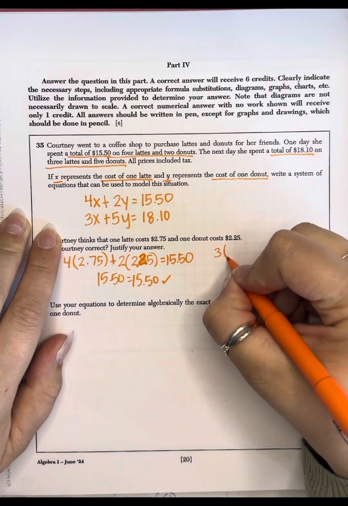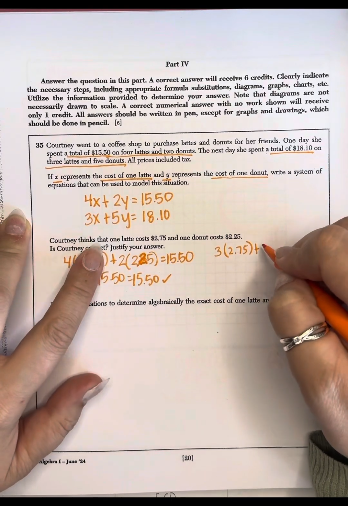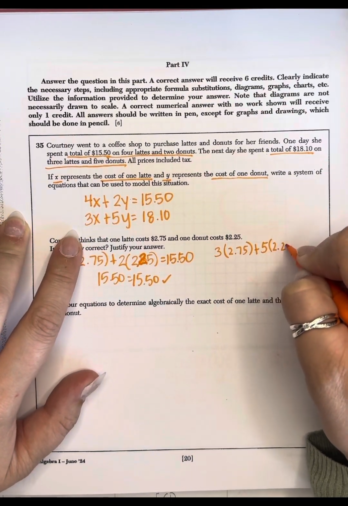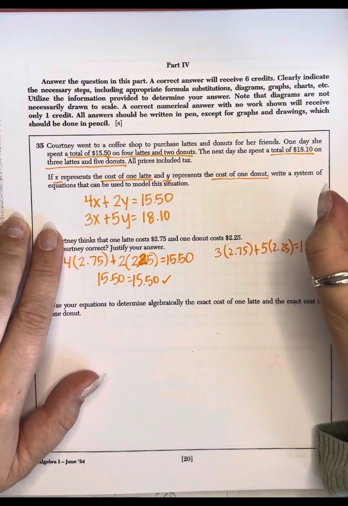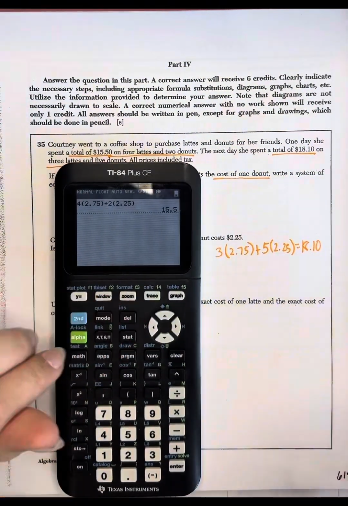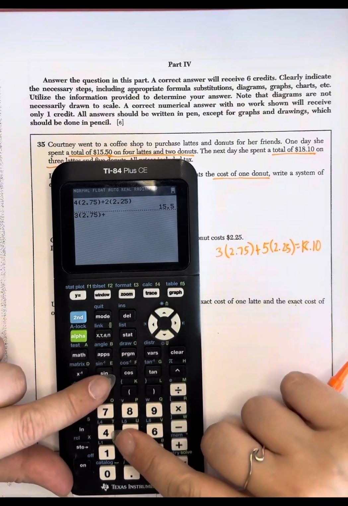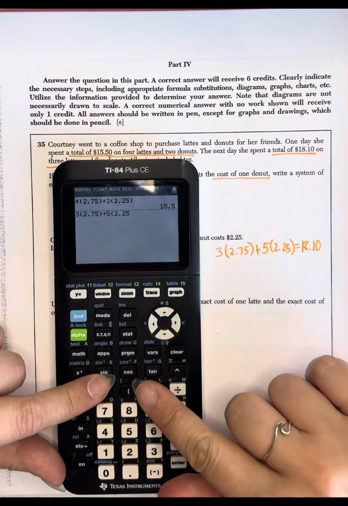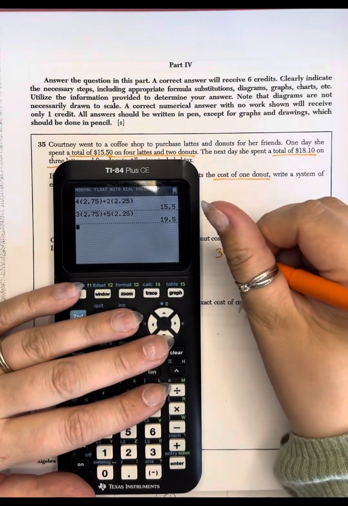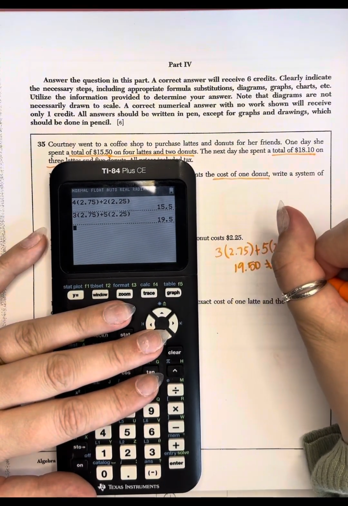So 3 times our $2.75 plus 5 times $2.25, and we're going to see if that's $18.10. So 3 times 2.75 plus 5 times 2.25, and that's $19.50, which is not $18.10.